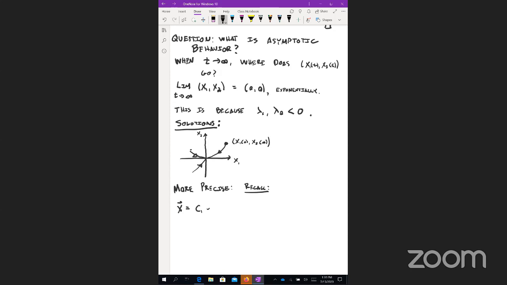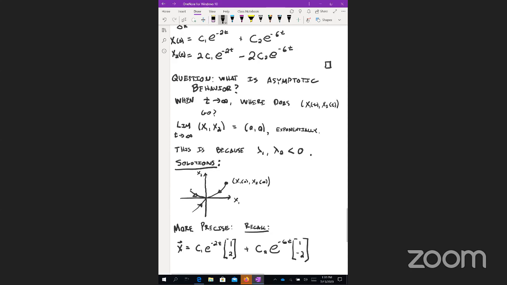So now we're going to have C1 e to the minus 2t times v1, so 1, 2, plus C2 e to the minus 6t times 1, minus 2.